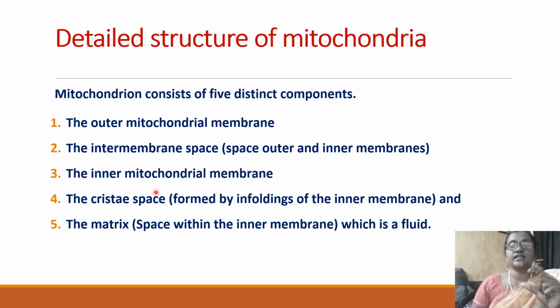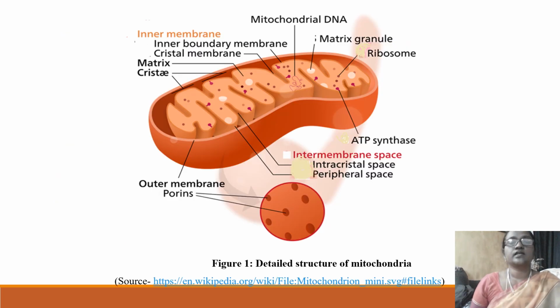Then comes the inner mitochondrial membrane. Then you have what are known as cristae, which are nothing but the infoldings of the inner membrane. And then finally the matrix, which is the space enclosed within the inner membrane, and that has the fluid. This is the diagram showing the detailed structure of mitochondria.